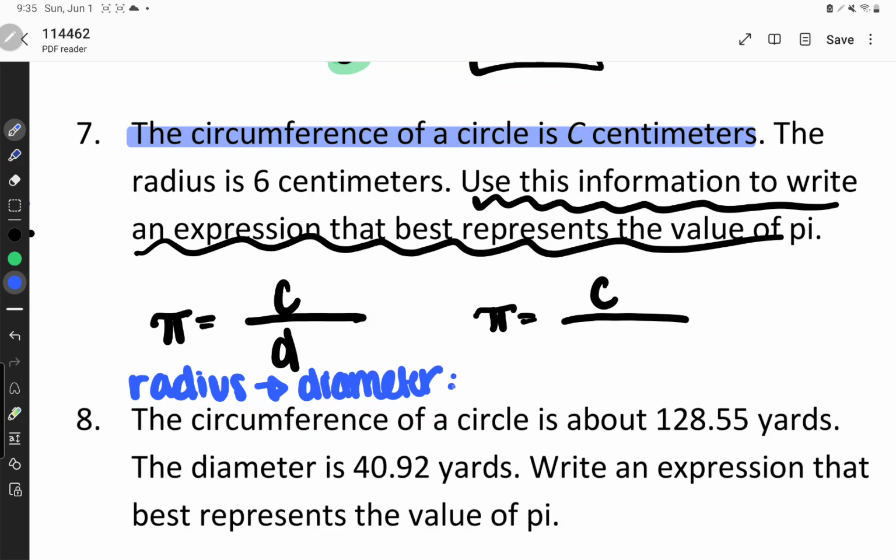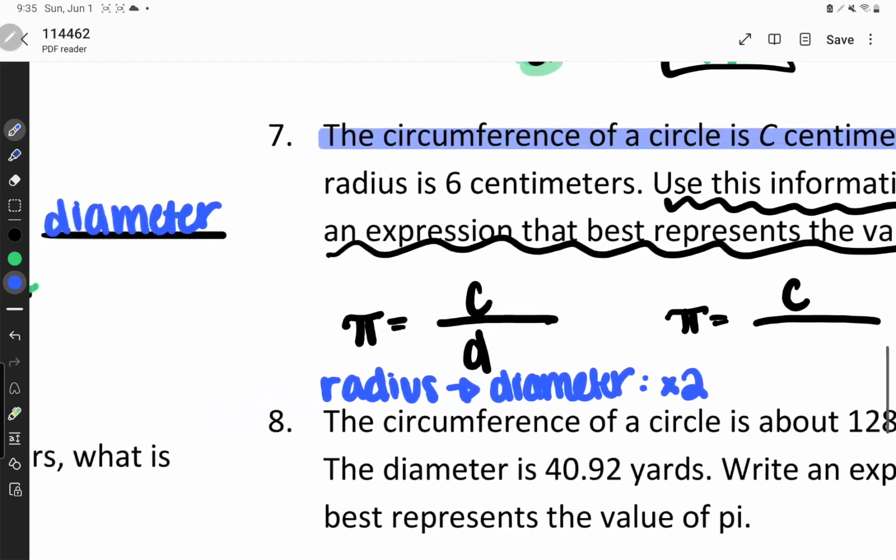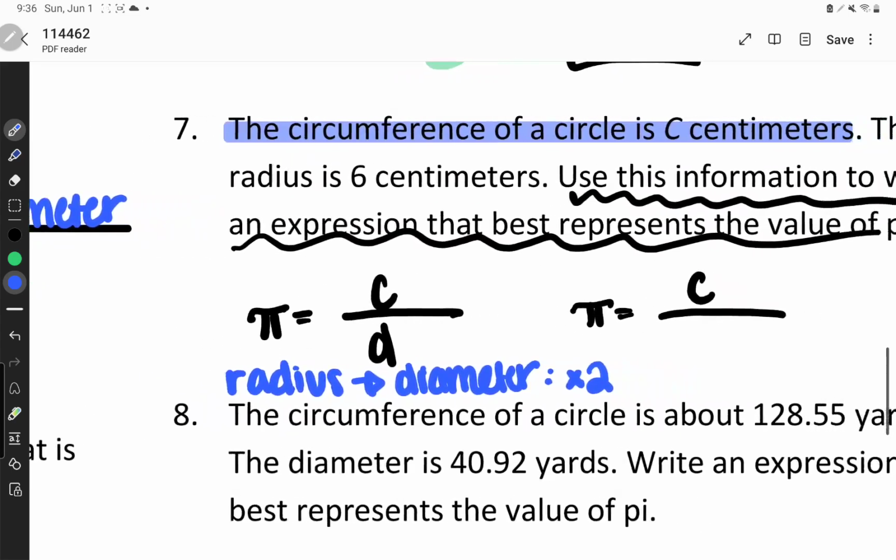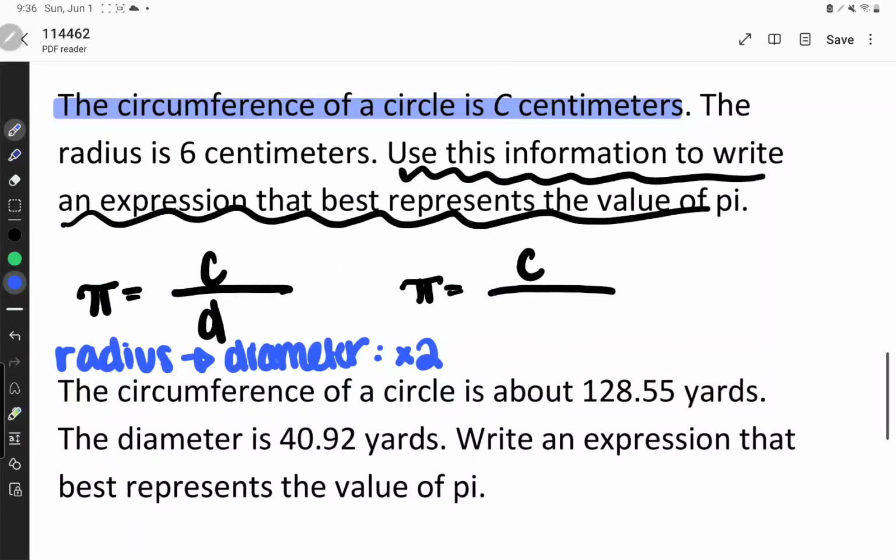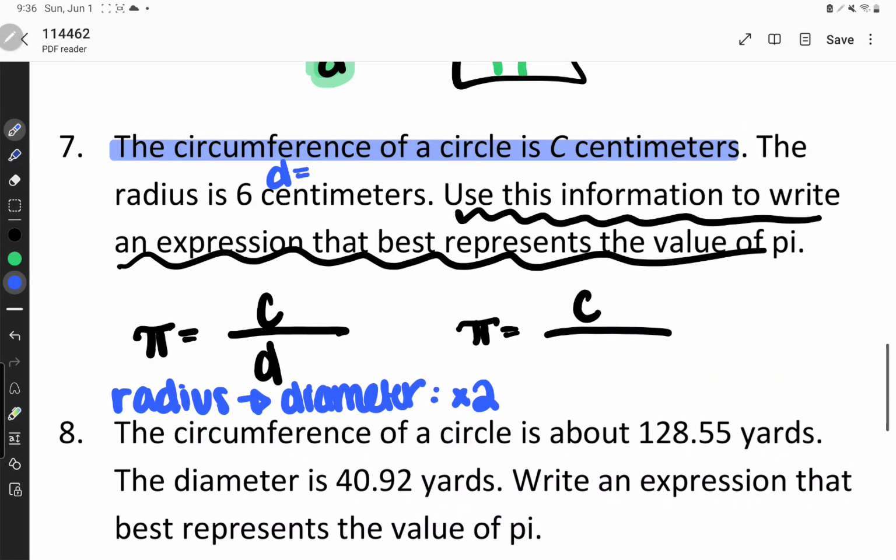To get from a radius to a diameter, I multiply by 2. So if my radius is 6, what would my diameter be? If my radius is 6, my diameter equals 12 because I do 6 times 2. I take my radius and multiply it times 2. So my diameter is going to be 12.